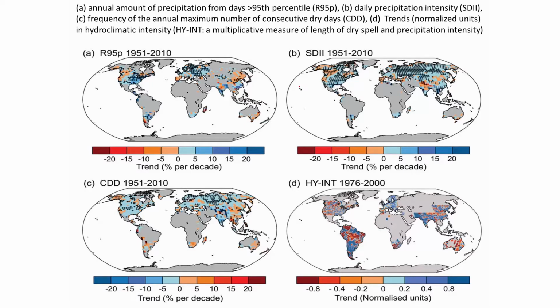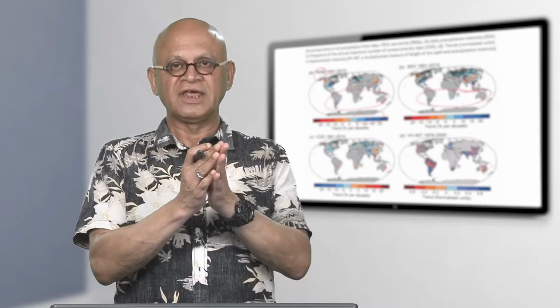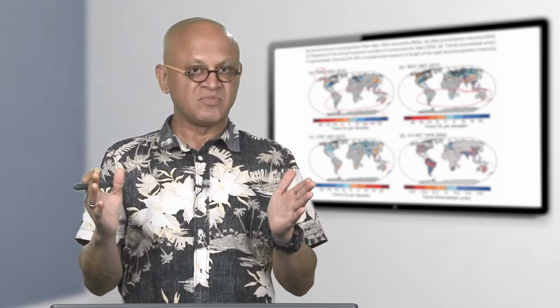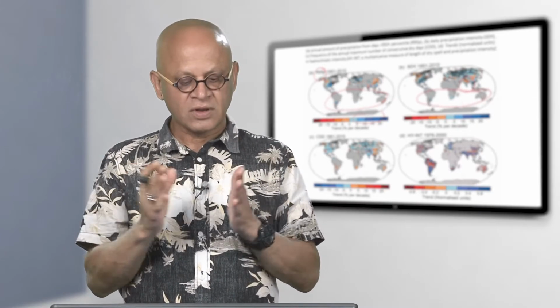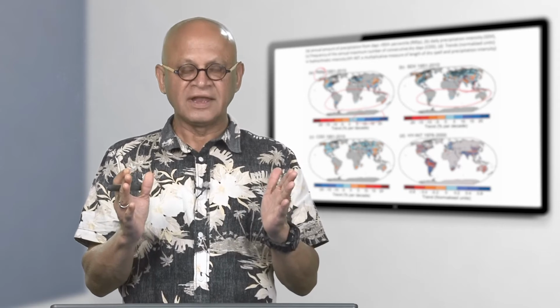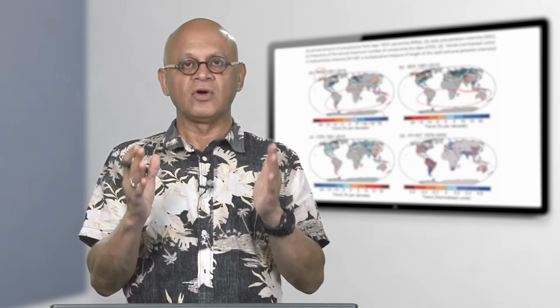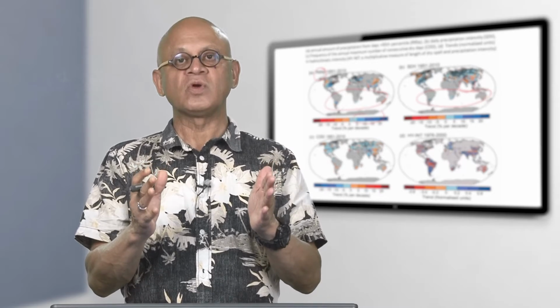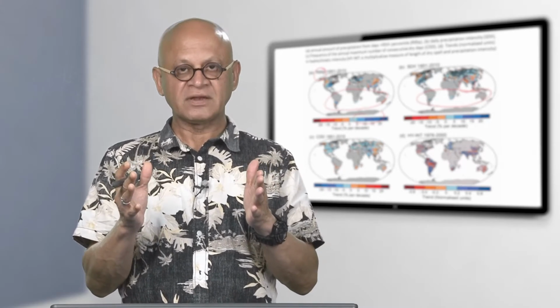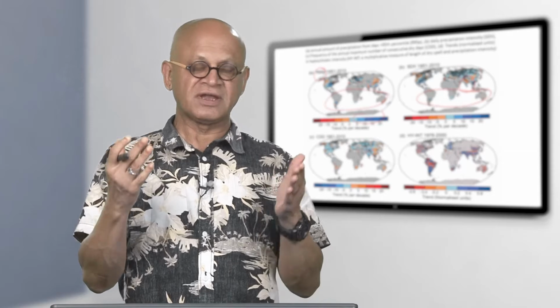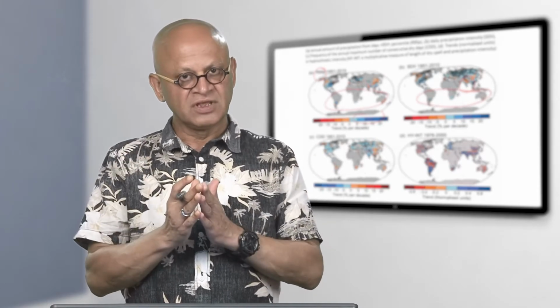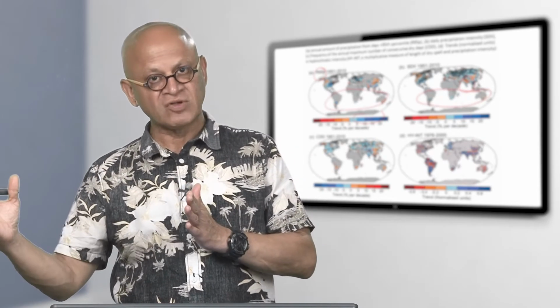So, how do we know how the extremes are changing? Extremes are themselves defined in different ways. This is something called the 95th percentile. If you take the rainfall distribution over, let us say, the monsoon season or on a given day, and you look at 100 years of rainfall on, let us say, August 15th, then you know what is the average amount of rainfall you expect, what is the typical maximum you get and the minimum you get, but sometimes you get very high amounts of rain.